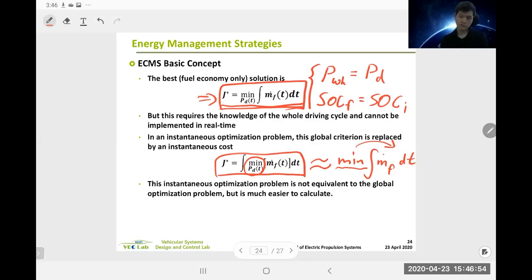So we don't need to look at the whole horizon. Just focus on current states. Now the problem becomes simpler, right?